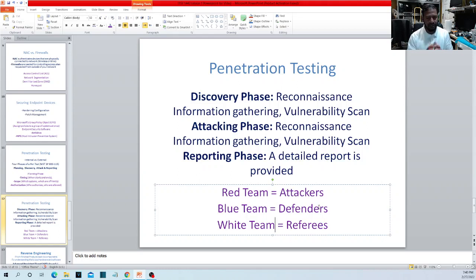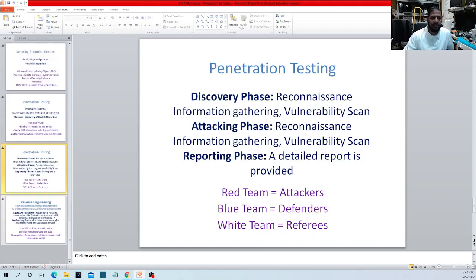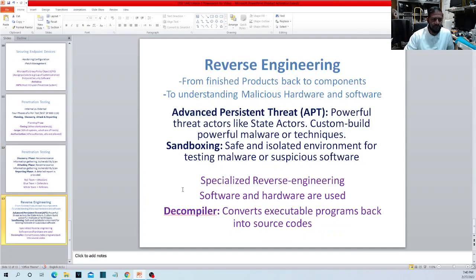This is the rule of the game. This team has the right to do that. This other team, no, you don't have the right to do that." So the referees are the white team, okay? The management, particularly whoever holds the management role for the penetration testing.